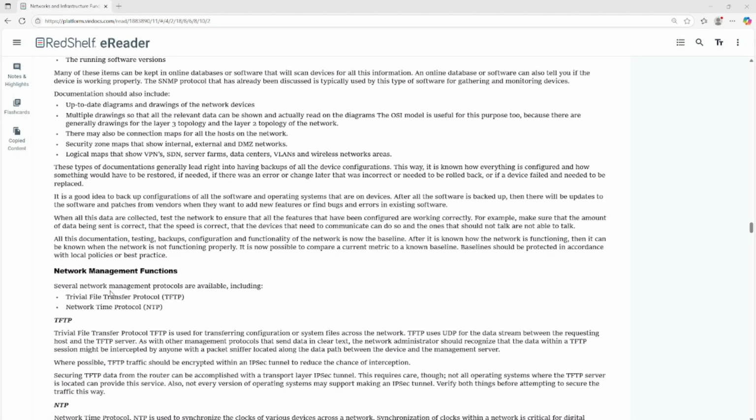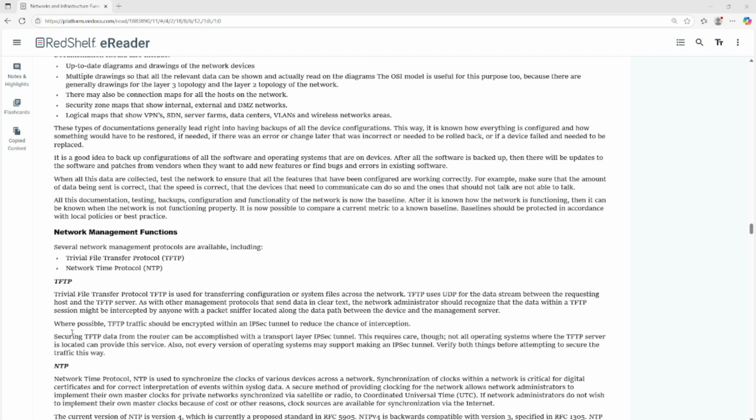There are a bunch of protocols that are available when it comes to network management functions. All you need to know is what those various protocols are responsible for.